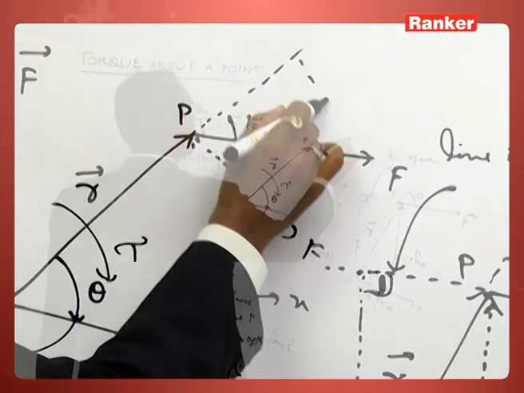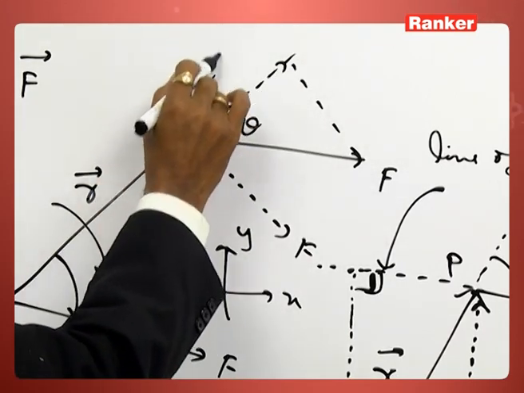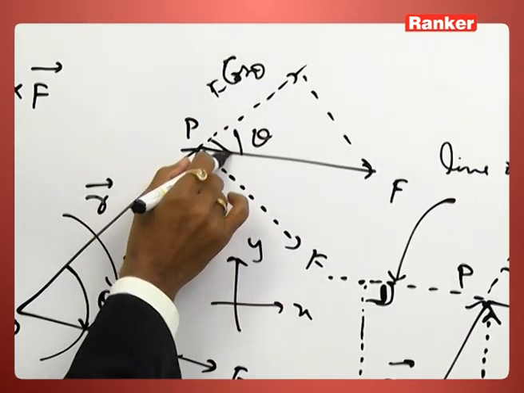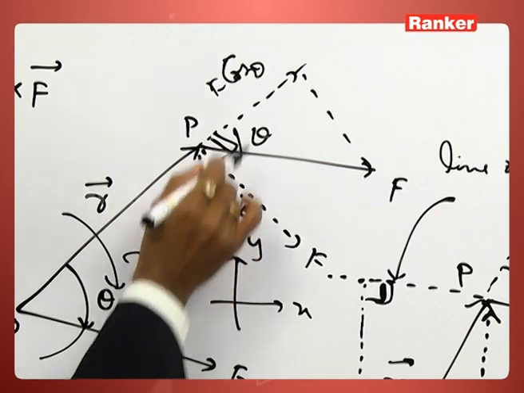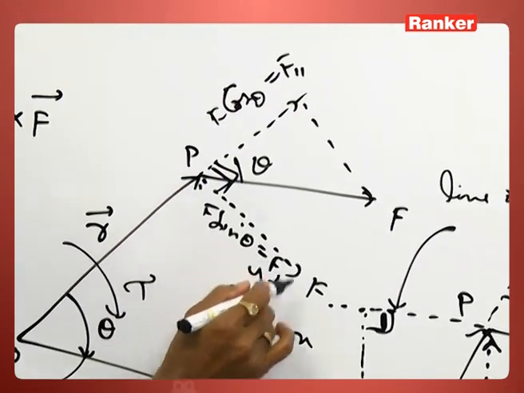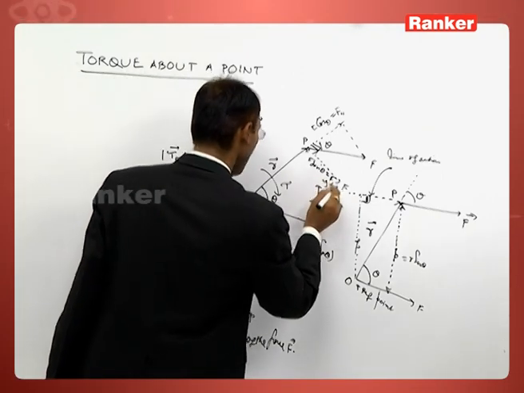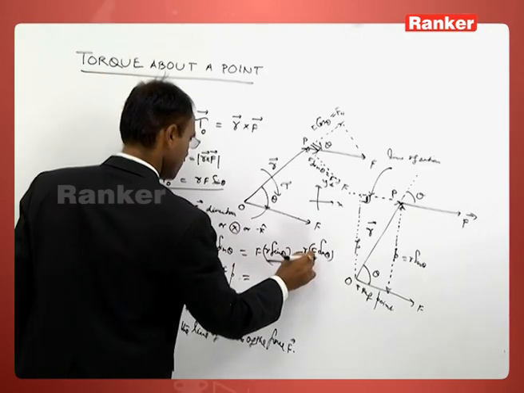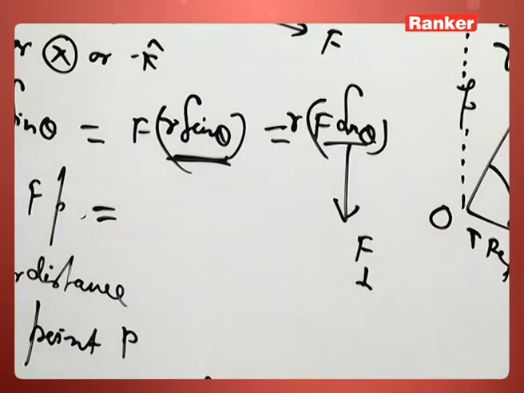Therefore, the projection of the force along the r vector is f cos theta, and the projection of the force normal to the r vector is f sin theta. We can call it f parallel, we can call it f perpendicular. So, this is the perpendicular component of the force onto the r vector.